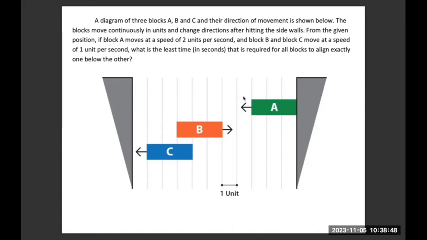You're given the speeds. Block A is 2 units per second and blocks B and C are 1 unit per second. In this case, you don't have a choice but to literally draw the position. Draw the position after every second. Just take up your sketchboard and draw, and when the block hits the wall, it changes direction. They start moving in the opposite side. Every second you have to draw how A will move, how B will move, and how C will move.